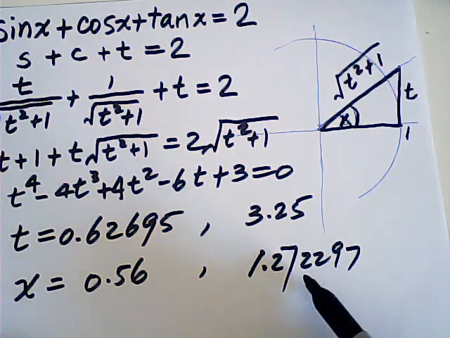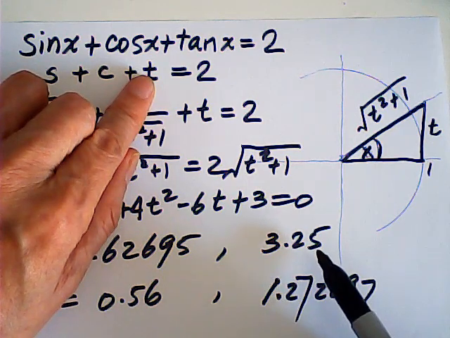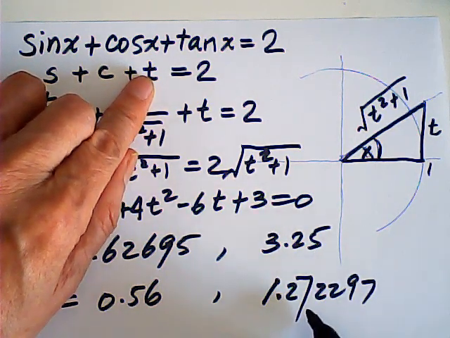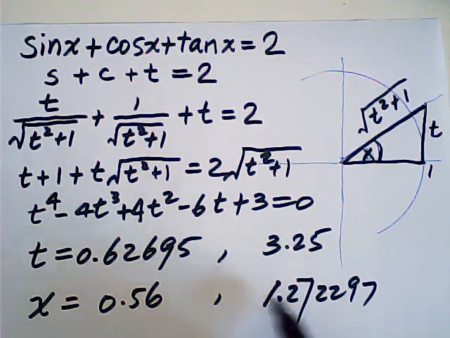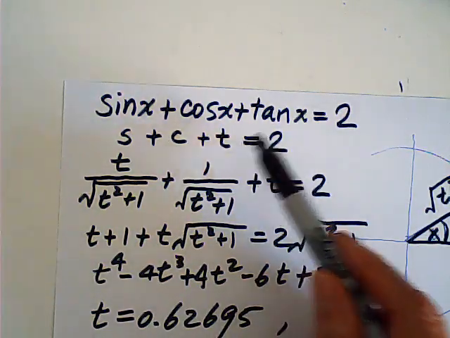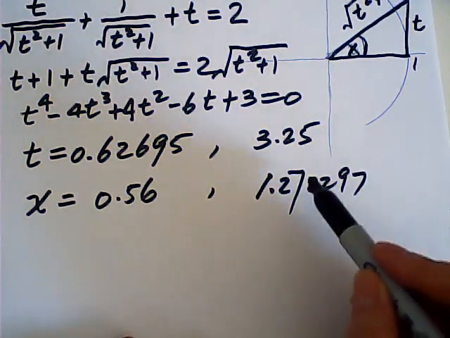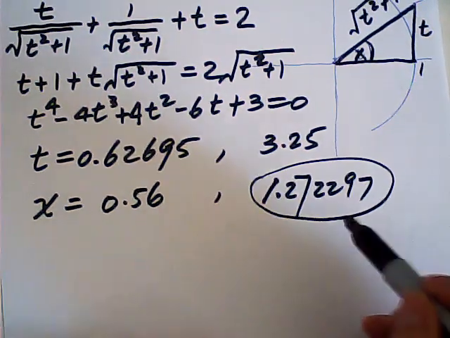This one is not possible. Why? Because tangent is 3.25, so sine and cosine would have to be negative. But this angle is in the first quadrant, so sine and cosine should be positive. So positive plus 3.25 equal to 2 is not possible. Therefore, this angle is not in the first quadrant.